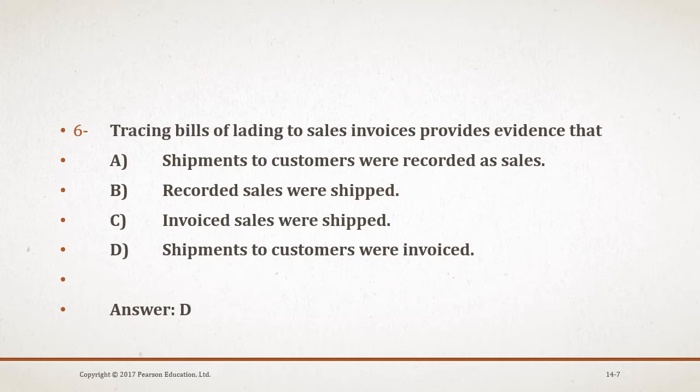So the most appropriate answer is shipments to customers were invoiced. So you want to make sure that all shipments were invoiced. You can relate bill of lading as a document of shipment, and consequently invoices sent to our customers, to were invoiced.